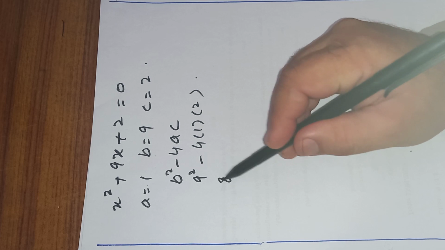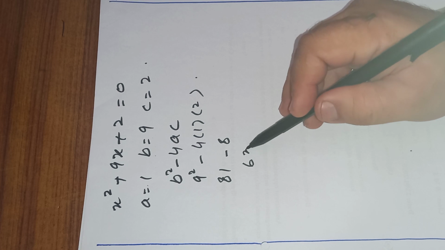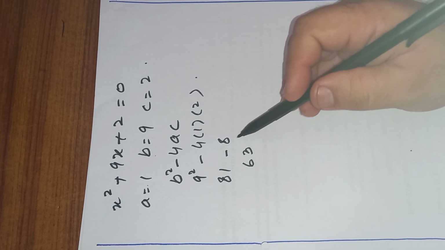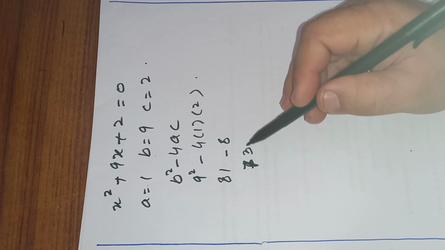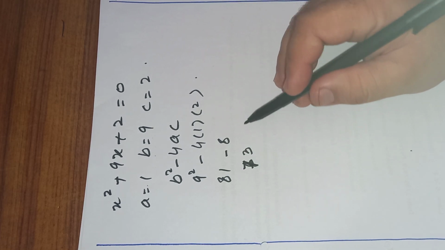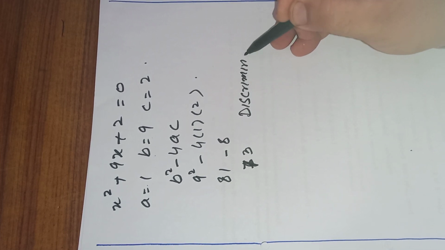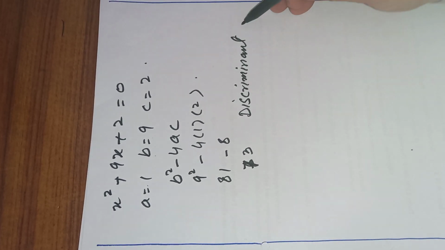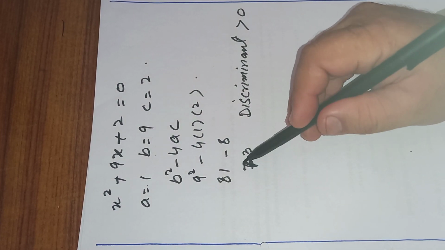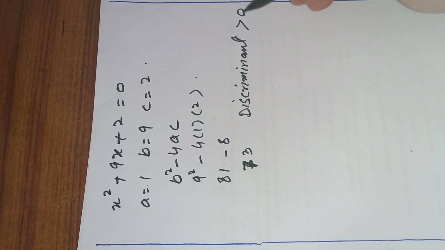So 9 nines are 81 minus 4 twos are 8. So 73. 73 is the answer, and this discriminant is greater than 0. When it is greater than 0 and it's not a perfect square, you can see 73 is not a perfect square, so it is irrational and unequal.